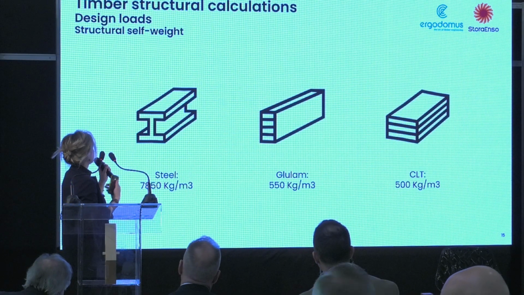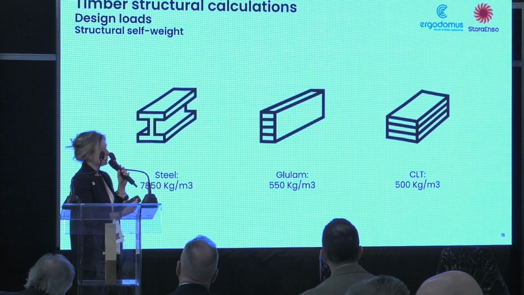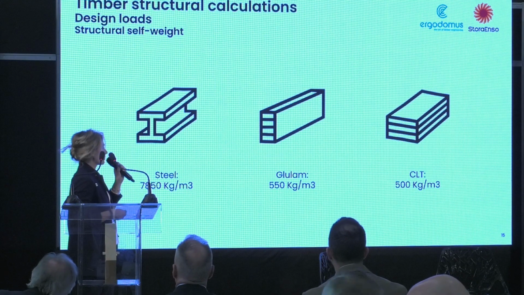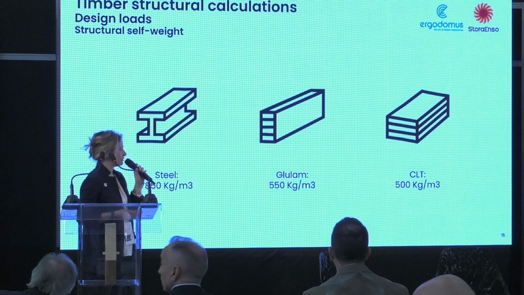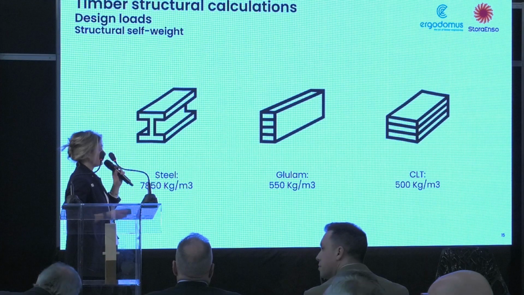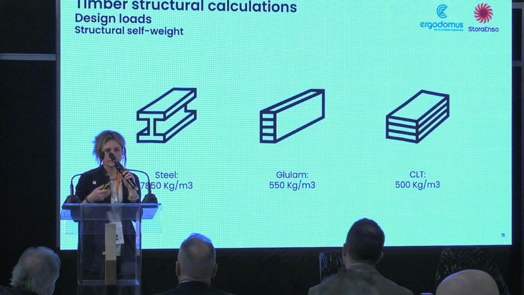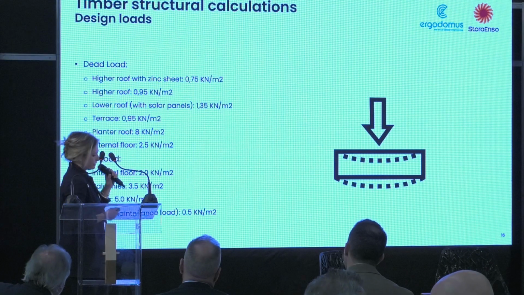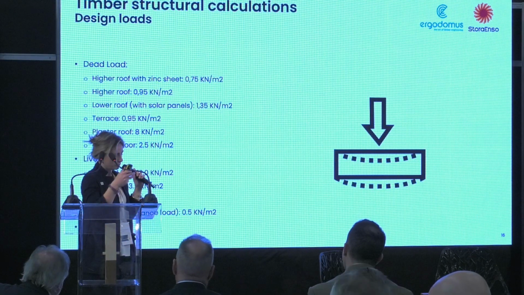Of course, when you design with wood, you have to consider the structural self-weight. As I said before, 500 kilos per cubic meter for CLT. This is the worst case when you have to calculate it as a load. Then all the other design loads for each floor.